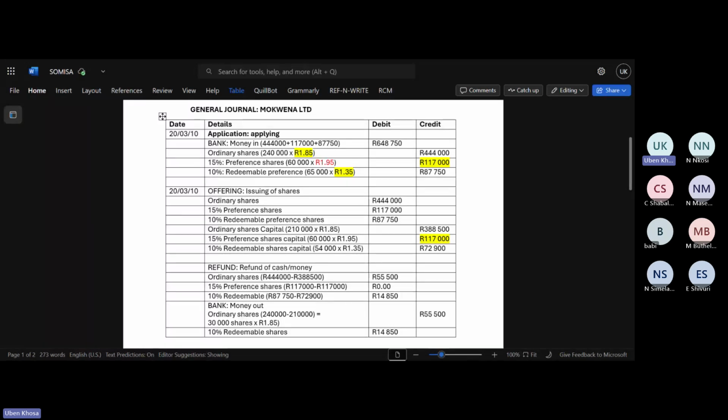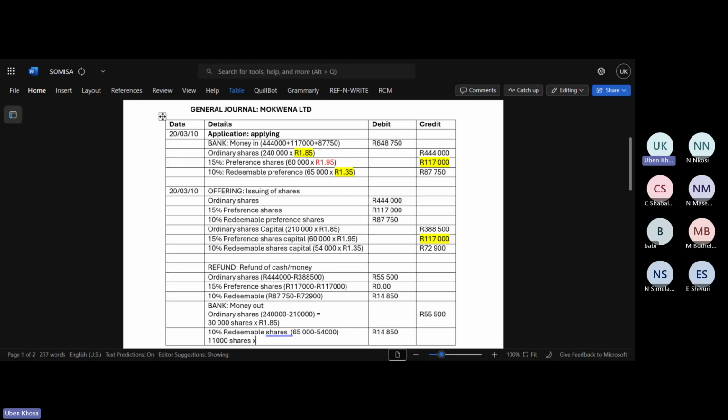Let's move to preference shares. Back to the question paper. Redeemable preference shares. They applied for 65,000 shares. We only gave them how many shares? 54,000 shares. Then let's see how many shares must be refunded here. 65,000 minus 54,000 is equal to 11,000 shares to be refunded.